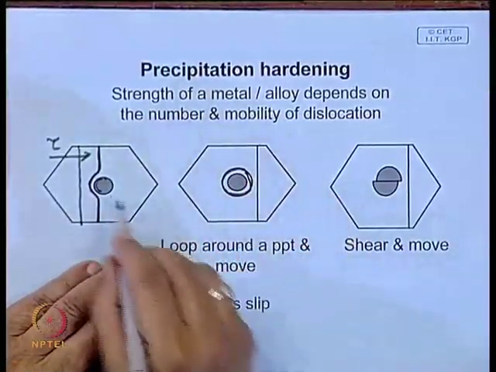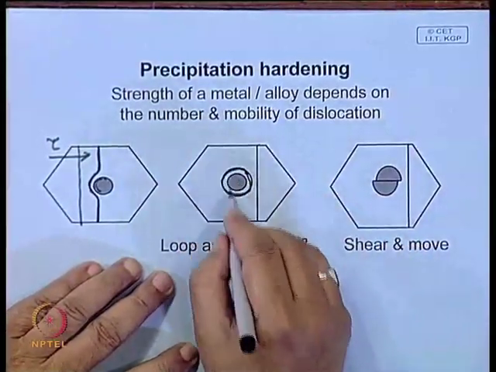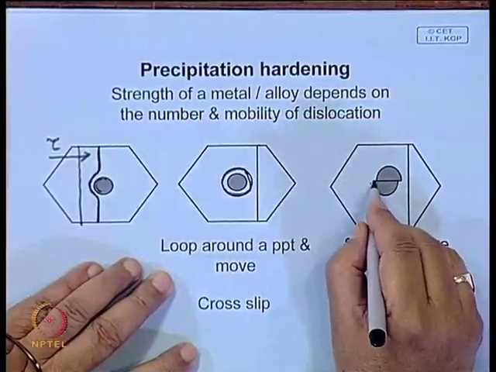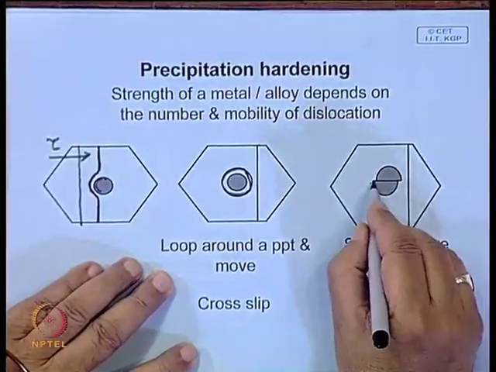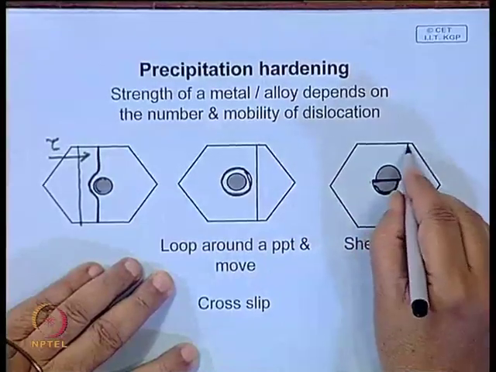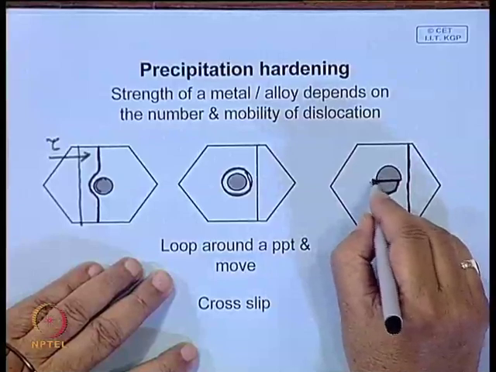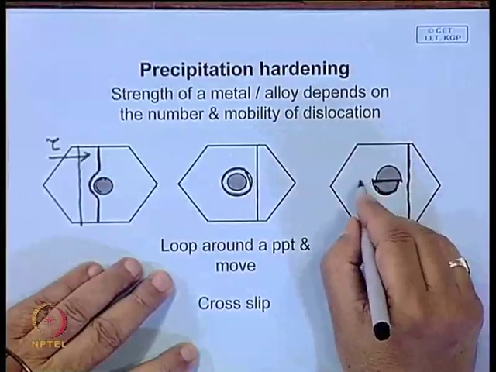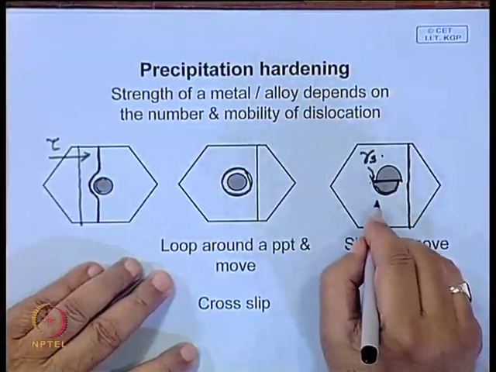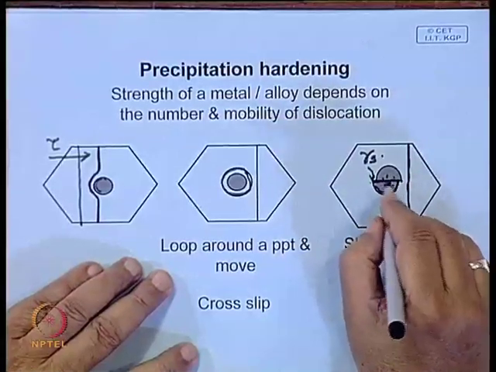Another possible way is, if this is the precipitate, you apply stress, and this stress is sufficient to fracture or shear the precipitate. In that case, this is how the precipitate has been sheared, and the dislocation moves here. So, what happens after shearing? Some additional area is created, which will have some surface energy. Secondly, if the precipitate had some ordered structure, that order is disturbed.